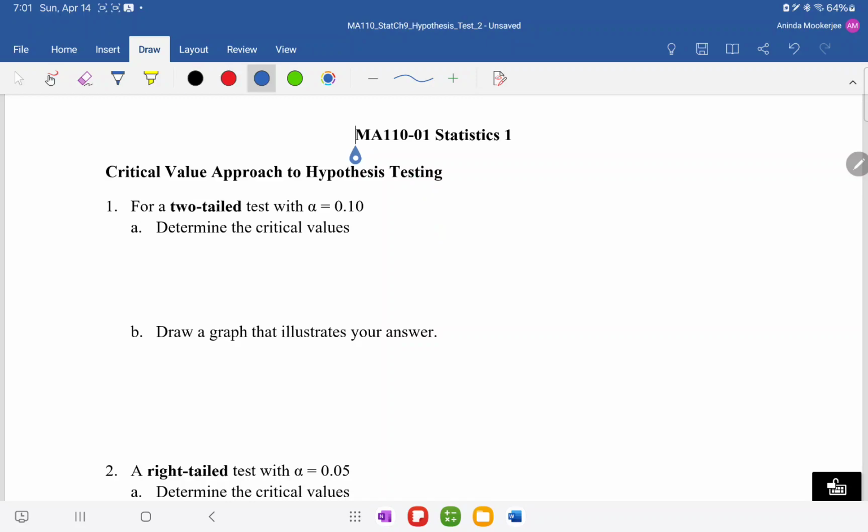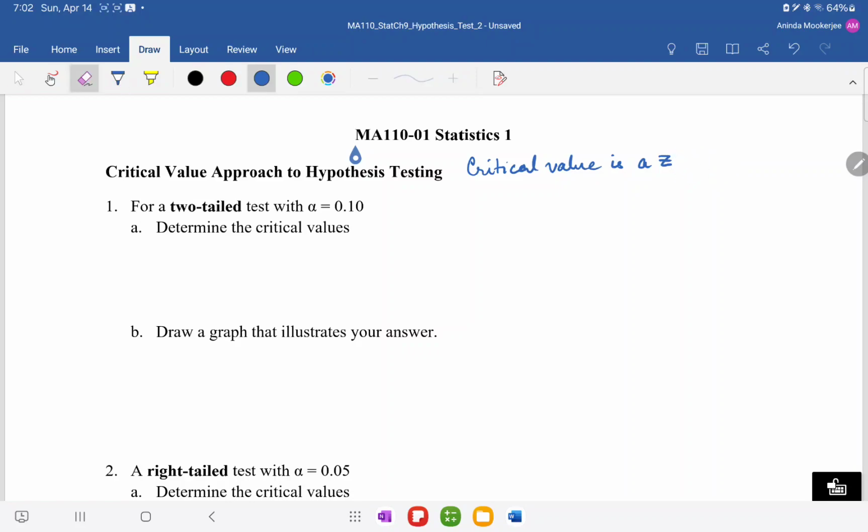Now, the critical value, as you know, is a cutoff. Let me write that down. In fact, the critical value is a z value, or if we are doing a t-test, it would be a t value. So z or t.